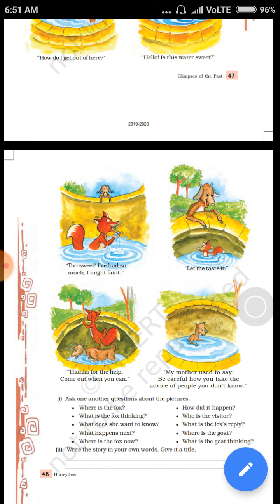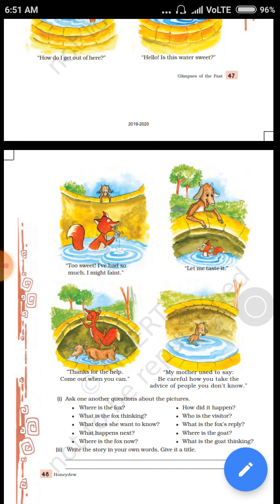Next question is there. How did it happen? You can say it happened accidentally. Next question. What is the fox thinking? The fox is thinking how to get out of the well. Next question. Who is the visitor?